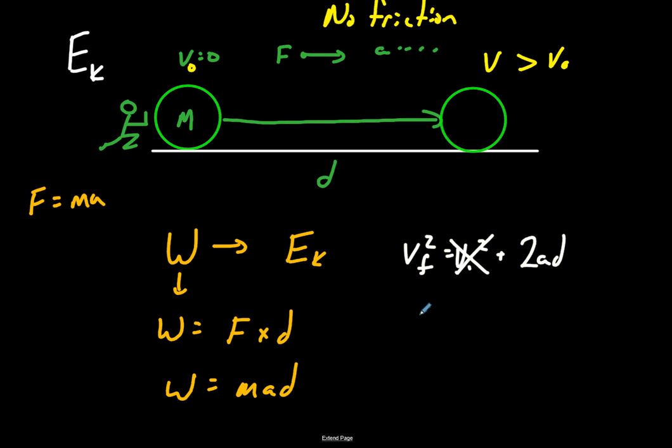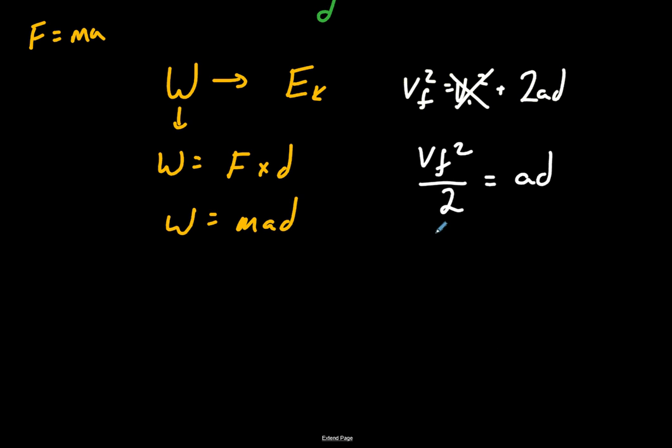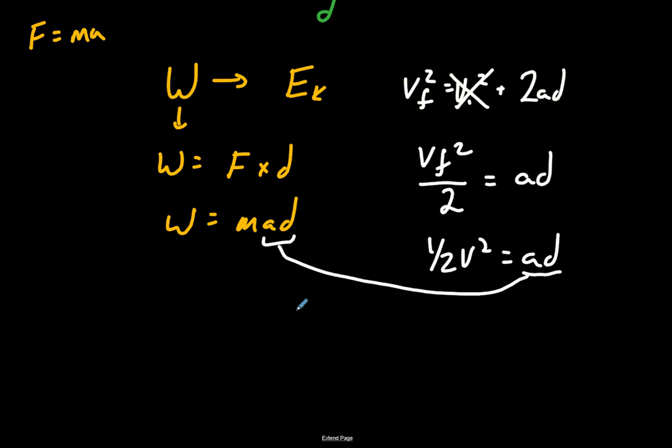So we could say that vf squared divided by 2 equals a times d. Let's leave it as v squared for ease's sake, it's the final velocity. Then we can look over here at my little formula, which has an a d in it, doesn't it? So then I can do this.